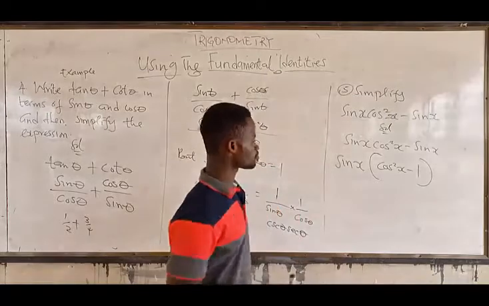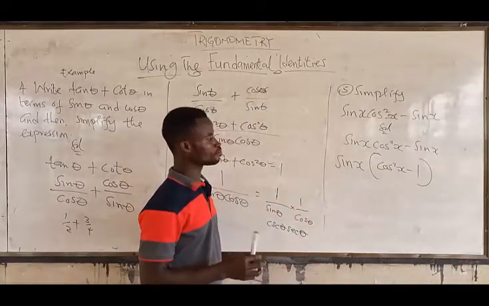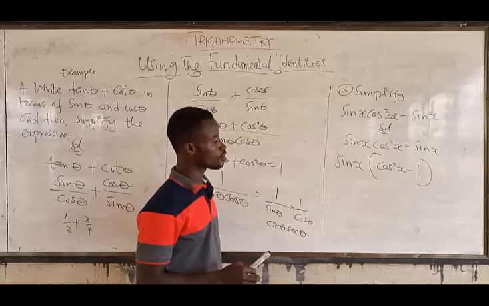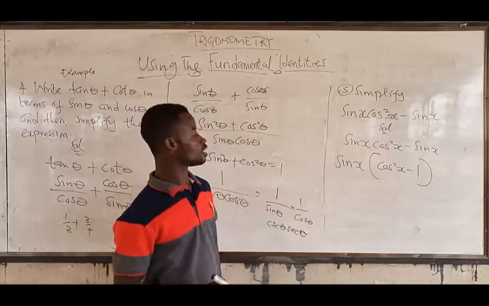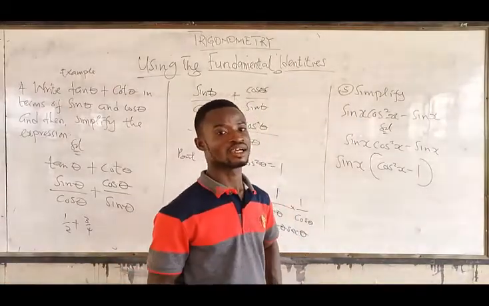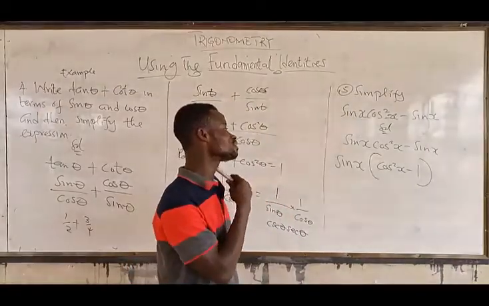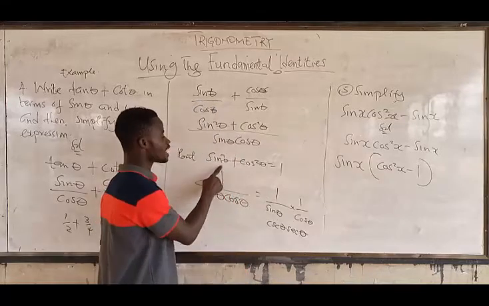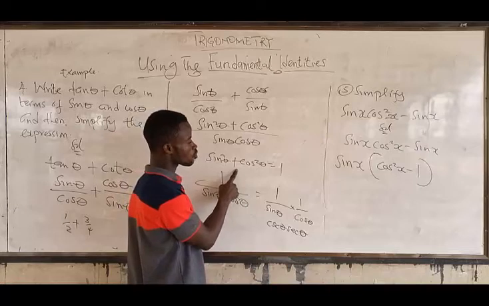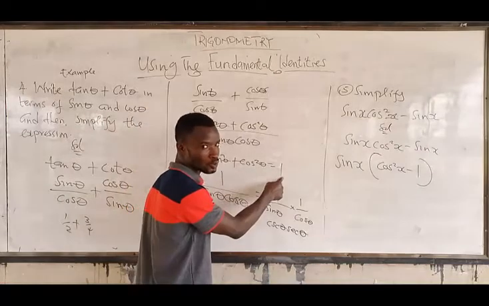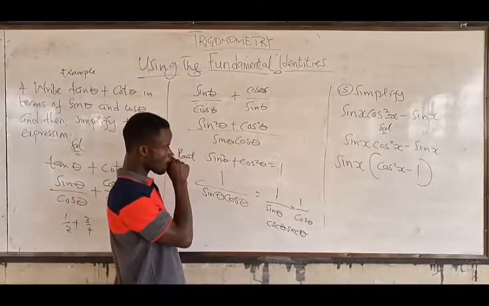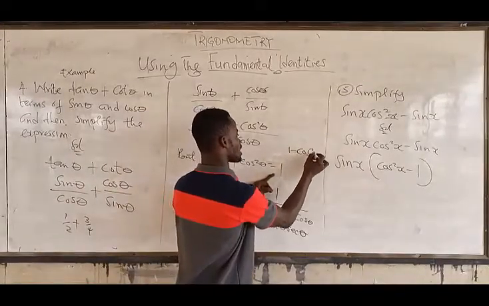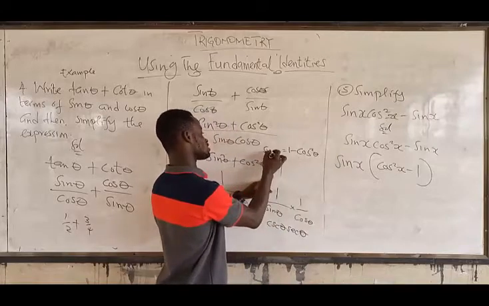Then what's the next thing? Can we multiply through by negative 1? I'll tell you the reason why I would like to do that. The reason is that, watch, if sin square theta plus cos square theta is equal to 1, therefore 1 minus cos square theta will be equal to sin square theta.